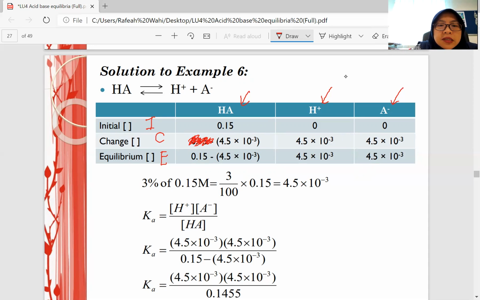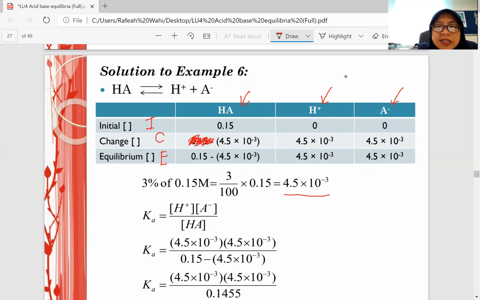All right. So what is the change in concentration? In this case, the change in concentration is 3% of 0.15 molar.